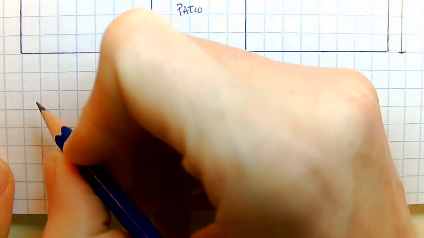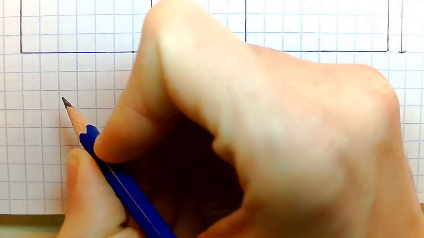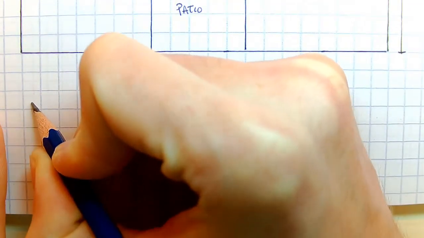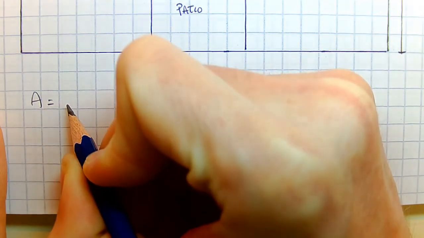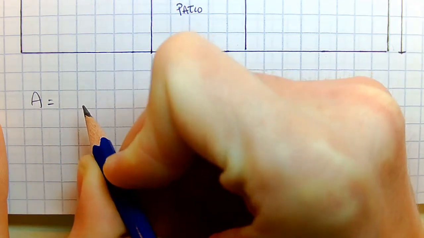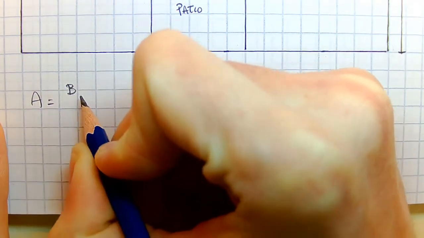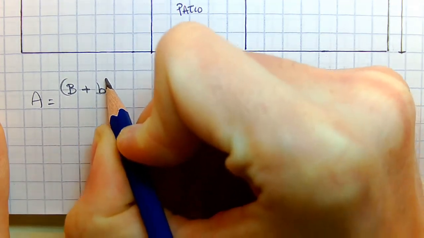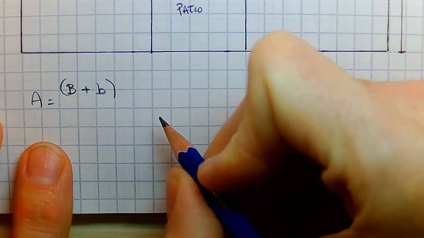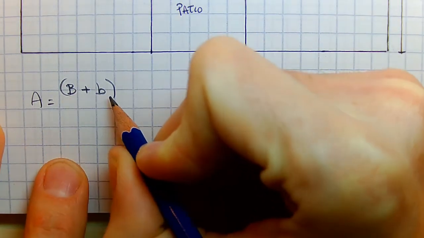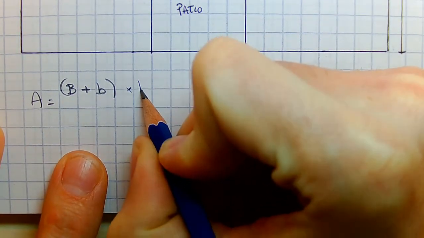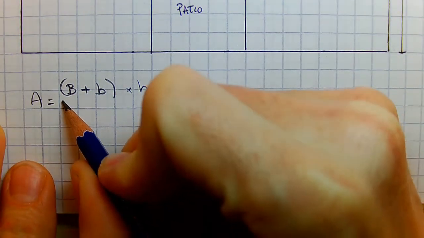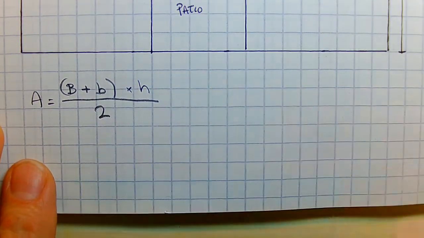So we can write that as an algebraic expression. We can say the area of the garden is equal to the large base, so we'll use uppercase B, plus lowercase b, which is the small base. We add those together, then we multiply by the height, and we divide that whole number by 2.